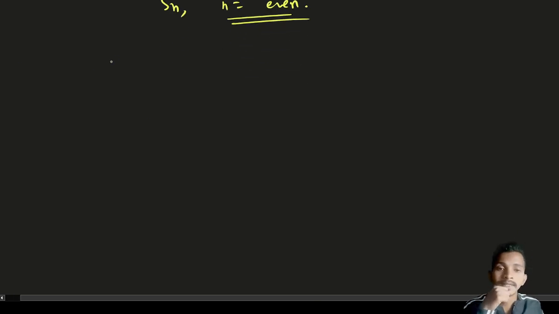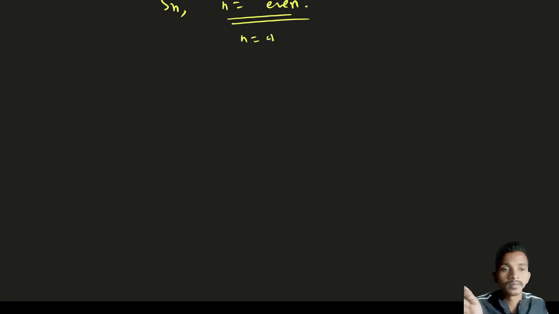Let's take n as 4, 6, 8, 10. n can't be 2. Why? Because S2 is the inversion operation.